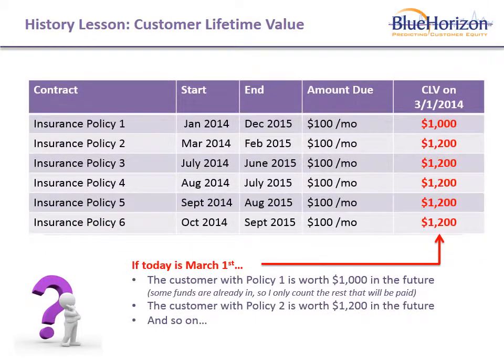In this example, if I'm calculating CLV on March 1st, all of the policies that start in March or later will yield $1,200 for their future term, and one customer, the one with policy number 1, is only expected to pay $1,000 in the future because his policy is already in progress and some payments have been made against it. Now we know what the cash flow is from these customers in the future.